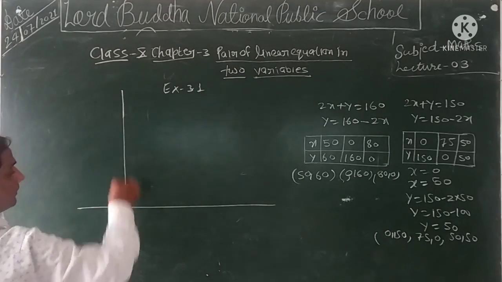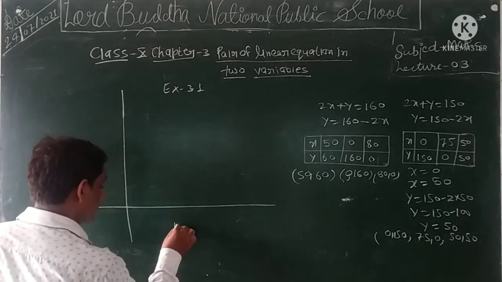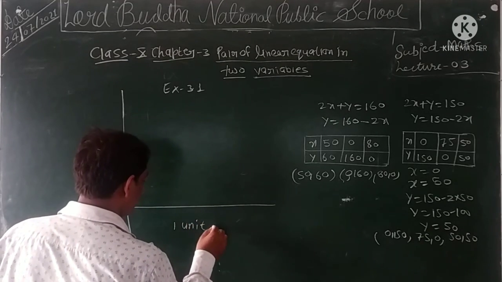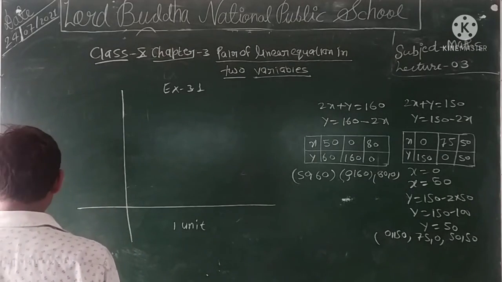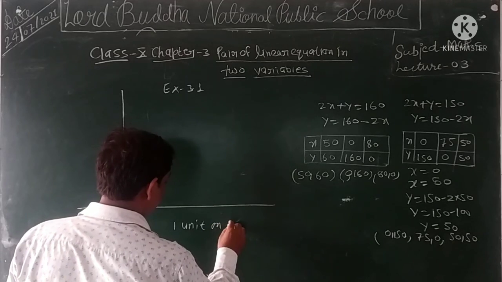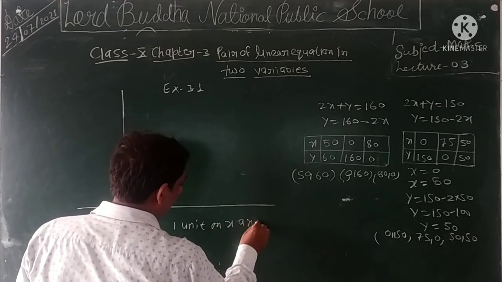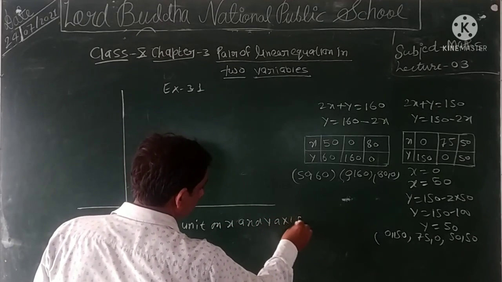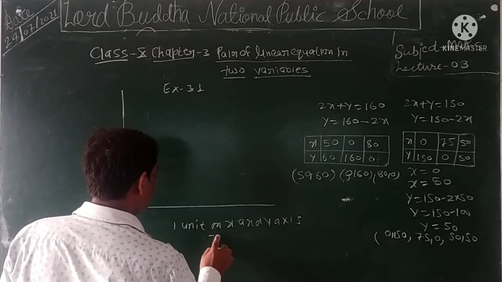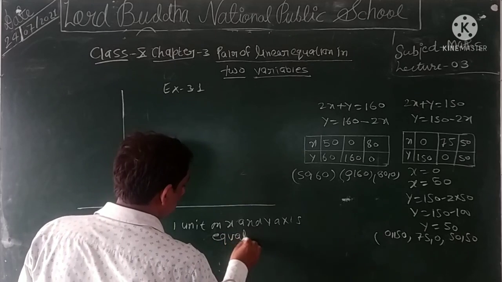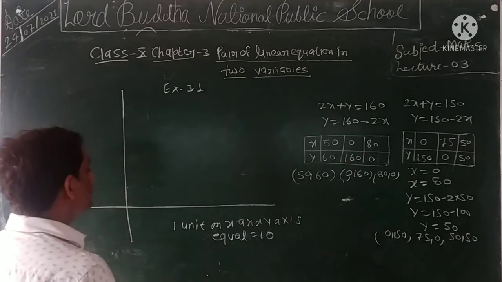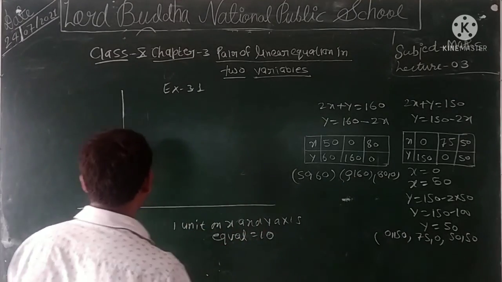Hence, we take a scale that one unit on the x and y axis is equal to 10. That means one unit length on this axis will be equal to 10.